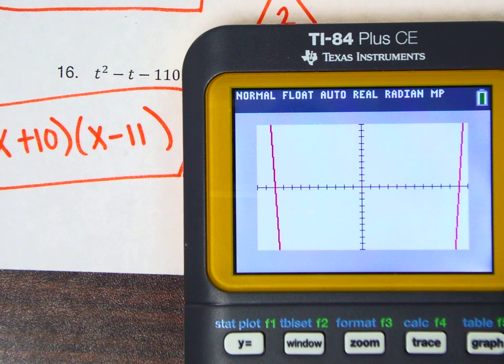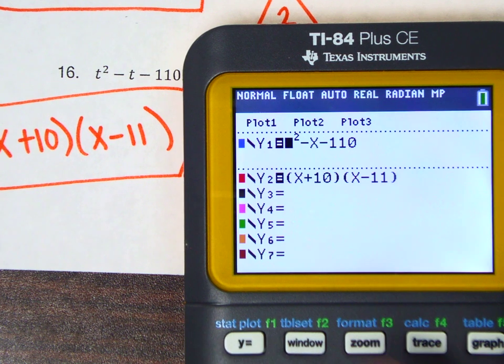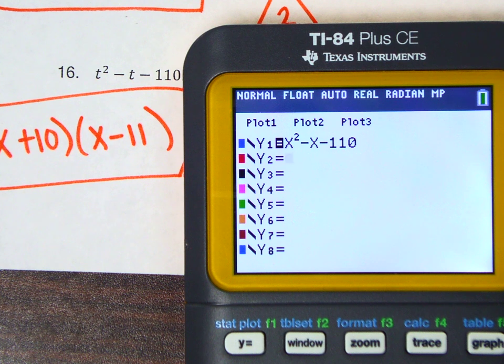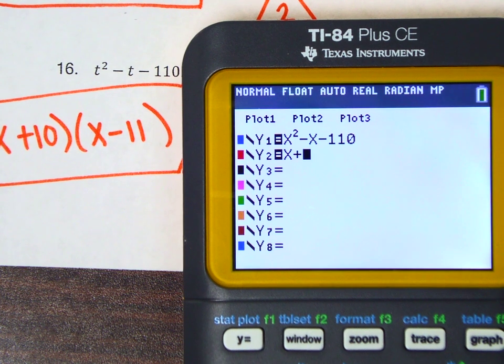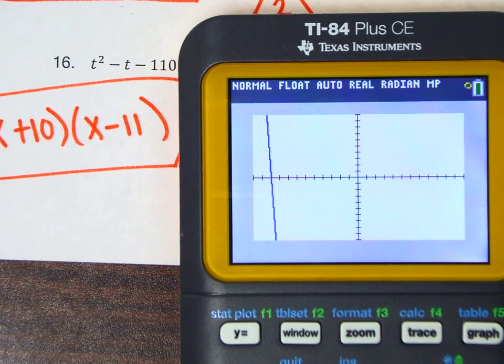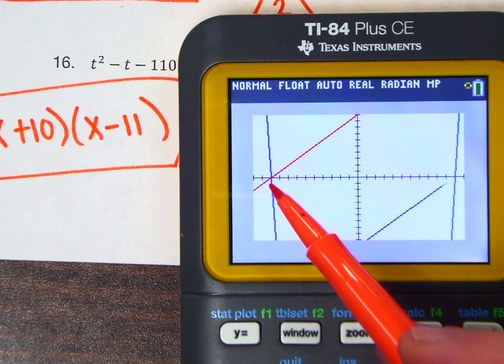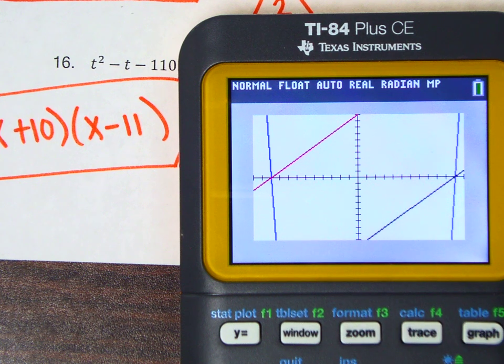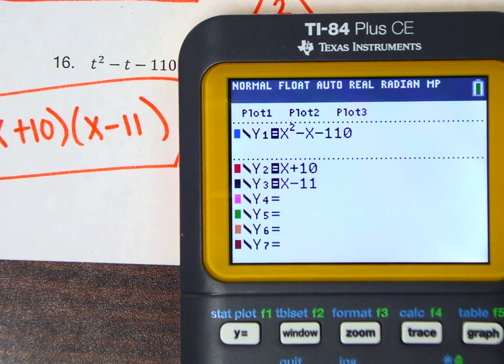There's my second graph. They should be the exact same thing. Another thing is if you type them in individually, x plus 10 and x minus 11, your lines will cross at those x-intercepts. So those are some ways that you can check with the calculator.